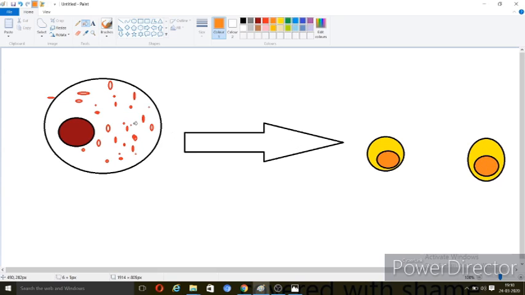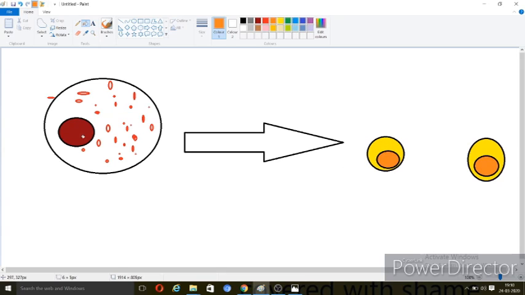So from here we understand that the main difference between mother cell and daughter cells is that the mother cell is big in size, and the daughter cell is small in size. Another point is that the mother cell has a big cytoplasm, but the daughter cell has a smaller cytoplasm.